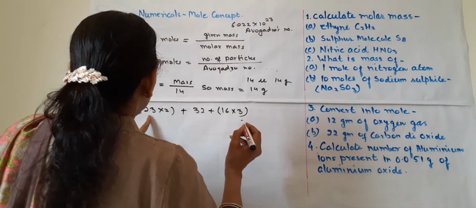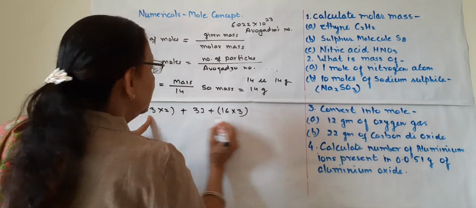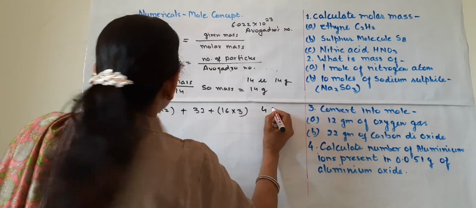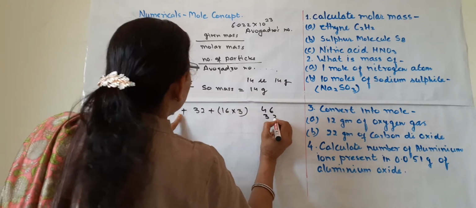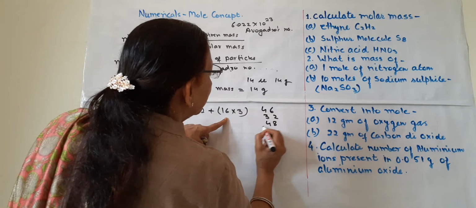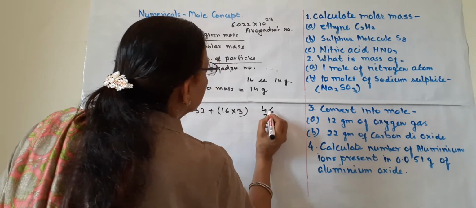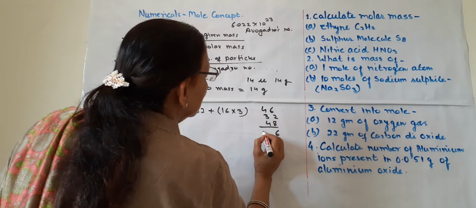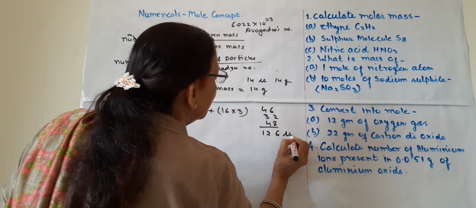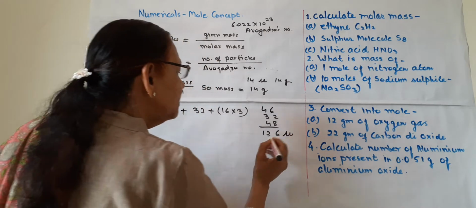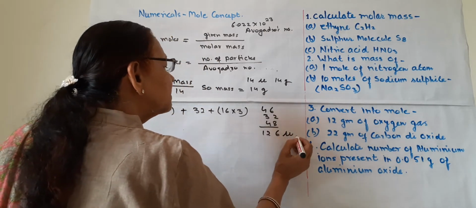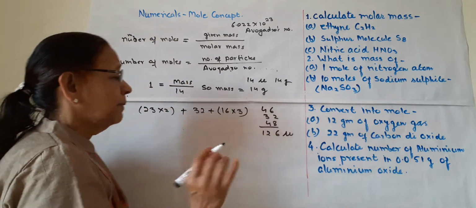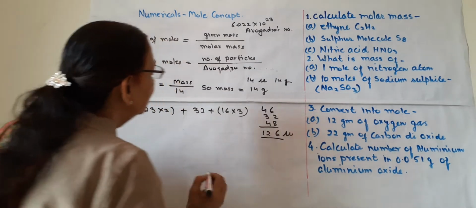How much? 23 into 2 is 46 plus 32 plus 48. So 126 U will be molecular mass and 126 gram will be molar mass. So now we have molar mass.